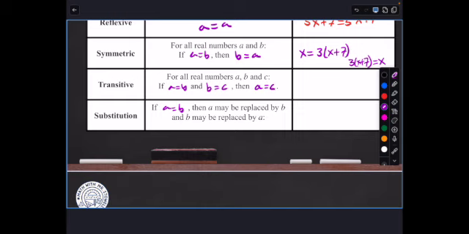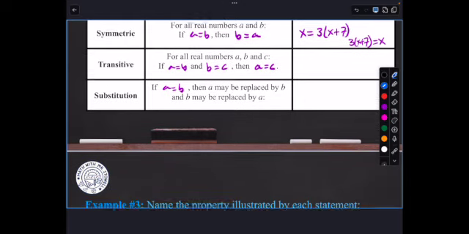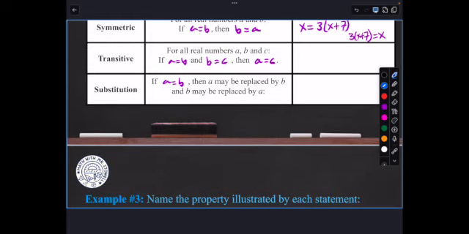It's symmetric. Transitive property could be something along these lines. If we have 3x plus y equals 2, and if we have 2 equals 5z, then in other words, this would be 3x plus y equals 5z.